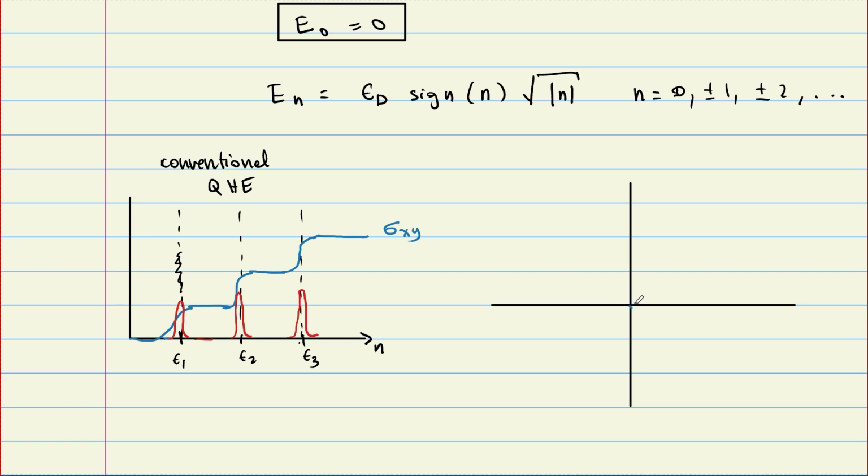I have one Landau level here. 0, I cannot show it, but there is another Landau level here, another Landau level here. Let me just show 2, and I think that's enough. Another one here, another one here.